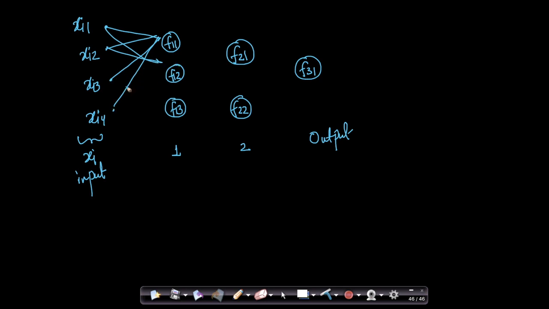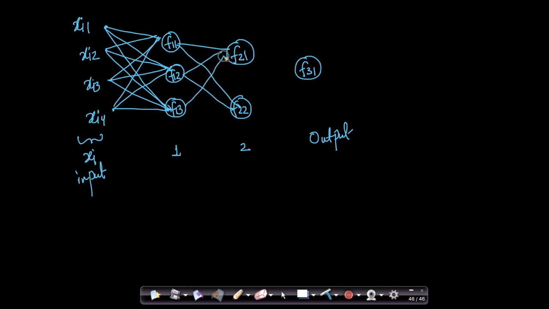Let me just redo it properly. All of them are connected to my second neuron and similarly to my third neuron. So here again I have these connections, and here is my output.